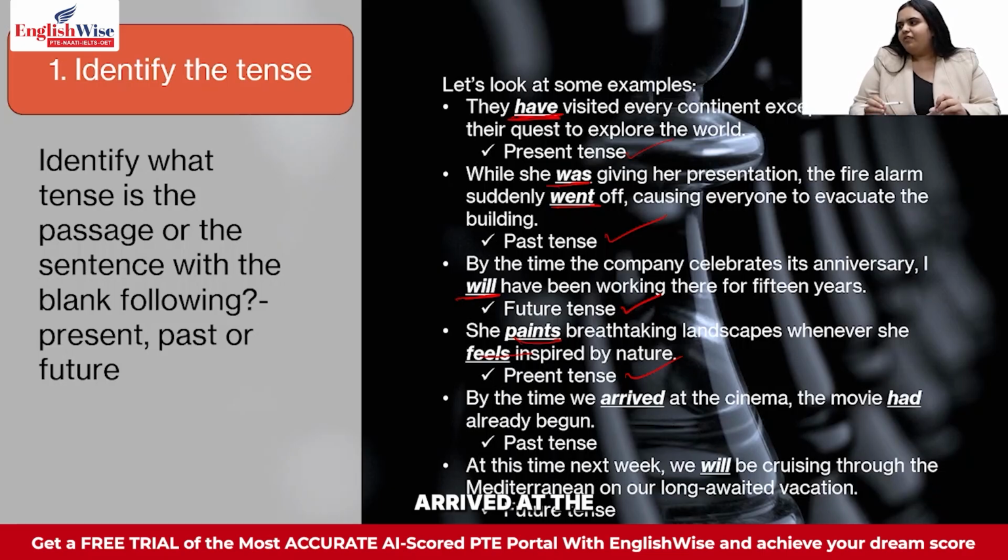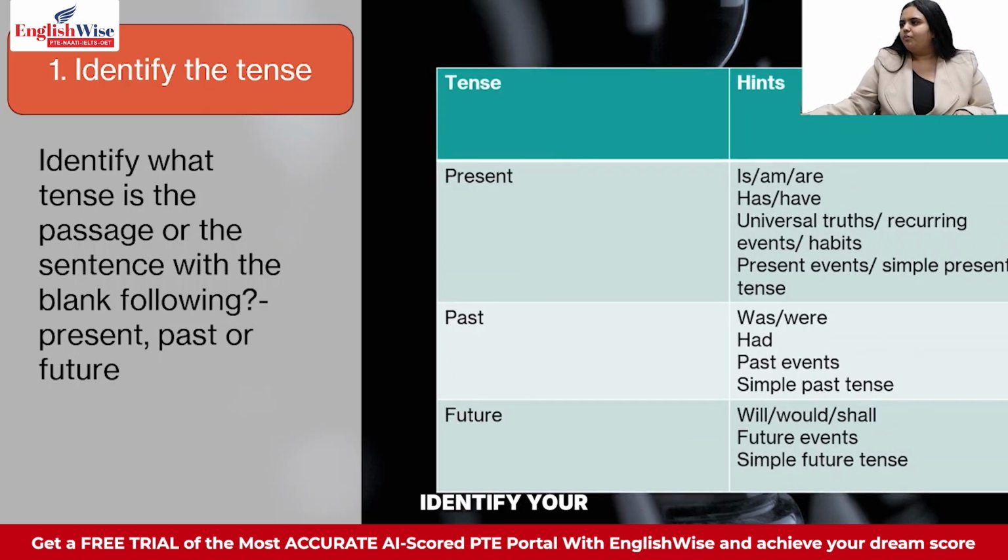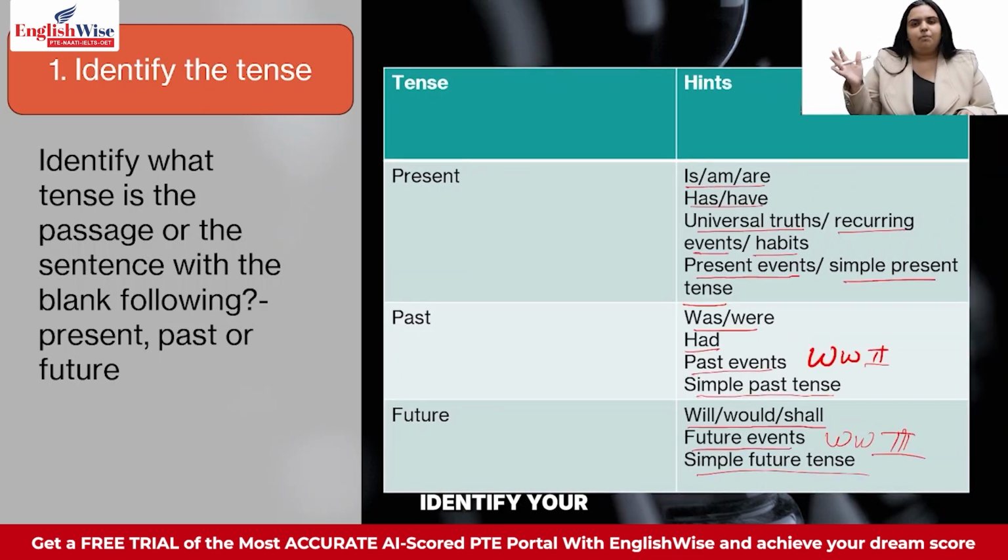By the time we arrived at the cinema, the movie had already begun. Again, this is simple past tense. That is why we will go with past tense. At this time next week, we will be cruising through the Mediterranean on our long-awaited vacation. Again, will is given. That means you are in the future tense. So this is how your hints will help you to identify your present, past, and future tenses.